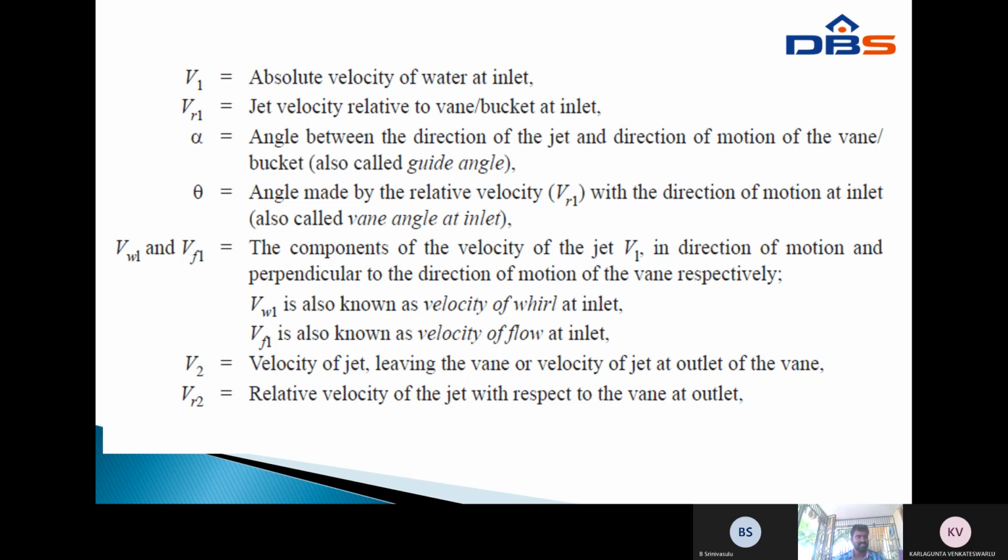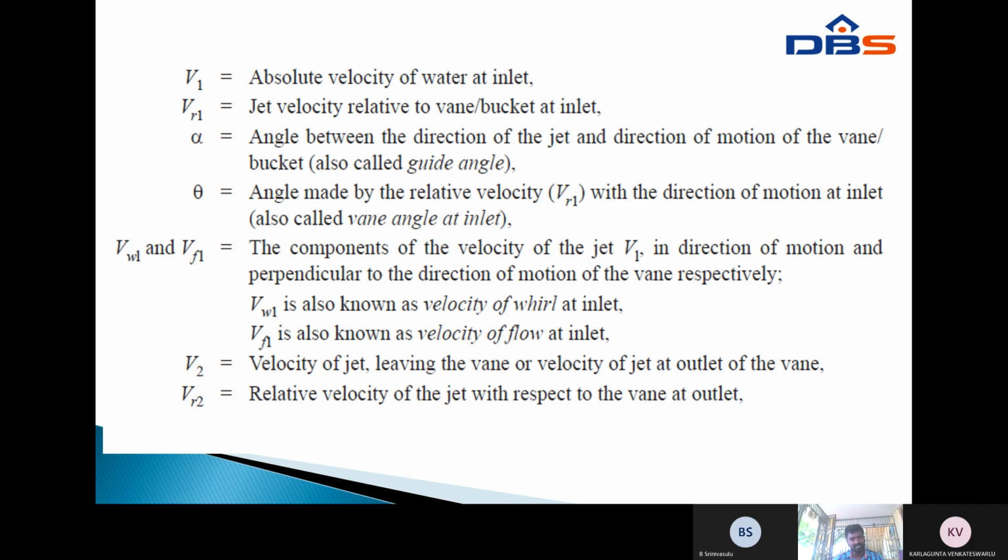That is the vane angle at inlet. VW1 and VF1 are the components of velocity of the jet V1. Next, VW1 is also the velocity of whirl at inlet. VF1 is also the velocity of flow at inlet.